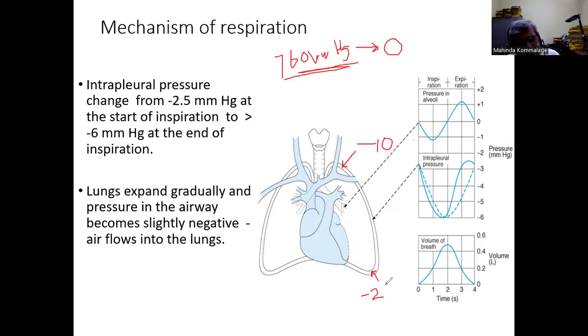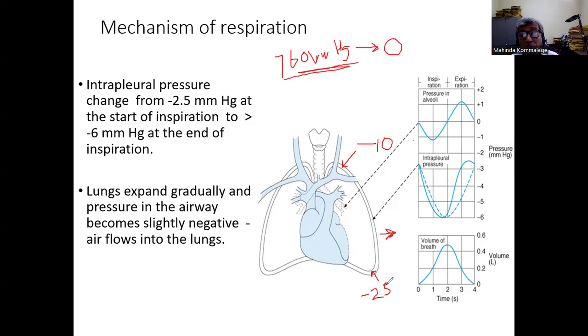Before we really start the inspiration, before we really expand our lung, then we expand the lung: chest wall, intercostal muscle, and diaphragm contract, and this will of course increase the volume, and with the increased volume, pressure will reduce, right? Consider the base value, in this example -2.5.